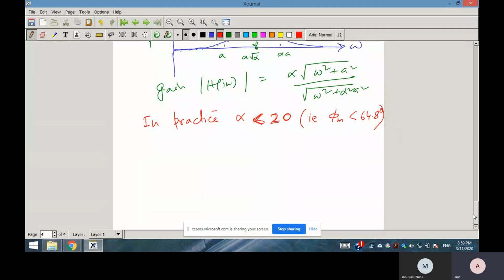If the controller gains are high, the control effort will be more, and the control input will be noisy. High gain makes it highly sensitive to noise. So that's why normally alpha is less than 20. We have to design in such a way that the phase lead controller provides a maximum phase of around 60 or 65 degrees at most.